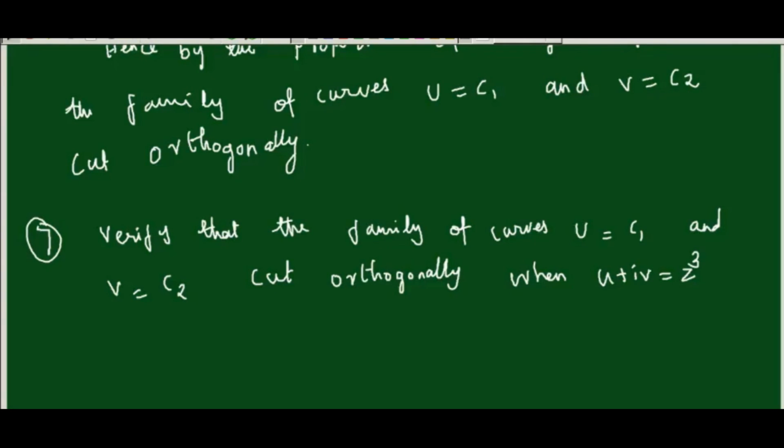So I am going to use the formula: z is nothing but x plus iy, and you have to use the formula for a plus ib the whole cube.